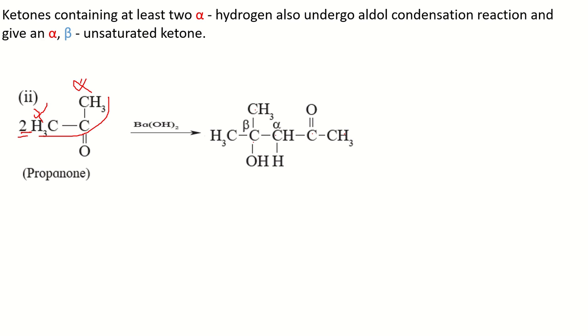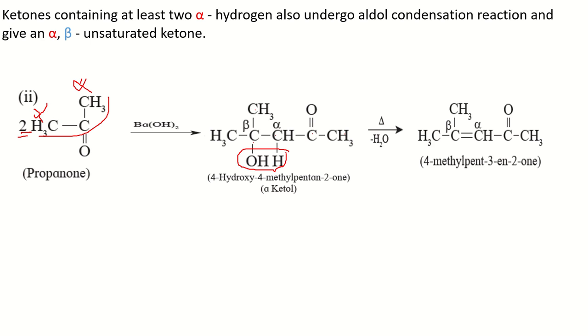Then the condensation reaction takes place. A water molecule is eliminated from the alpha and beta carbons. The resulting product is 4-methylpent-3-en-2-one. Correct? See 1, 2, 3, 4, and this one is 5, the longest chain.